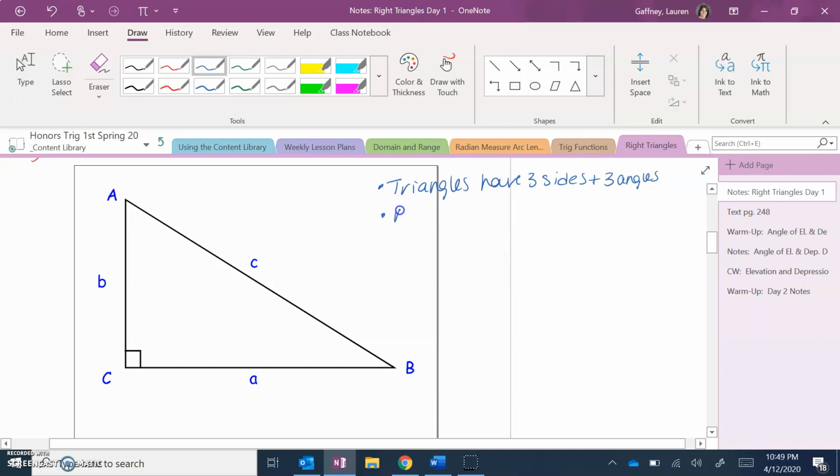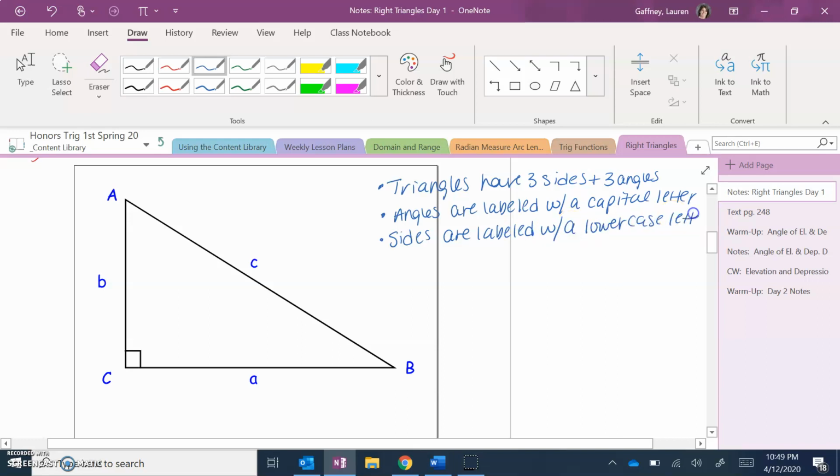Angles are labeled, and let's be clear with this, with a capital letter, and sides are labeled with a lowercase letter. So this is side B, side A, side C, angle A. Now the angle is always across from the side that it matches with. So if this is angle A, side A is across from it.